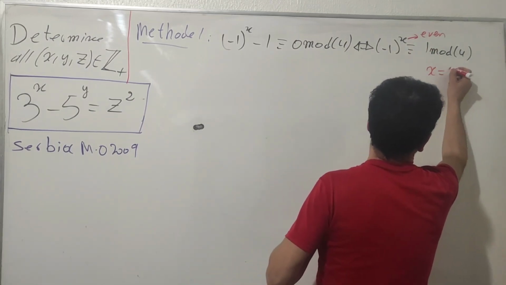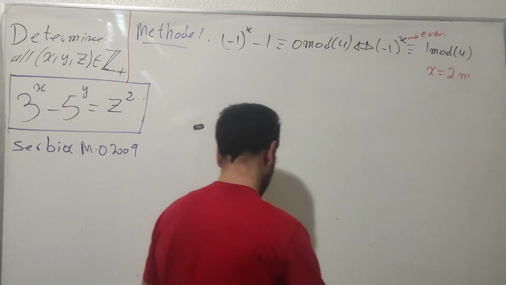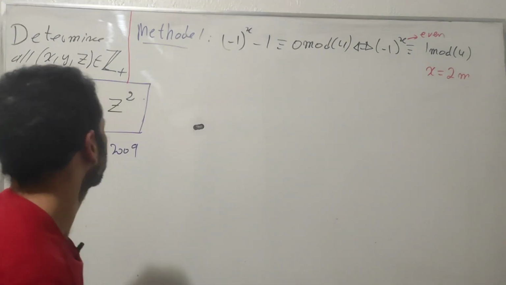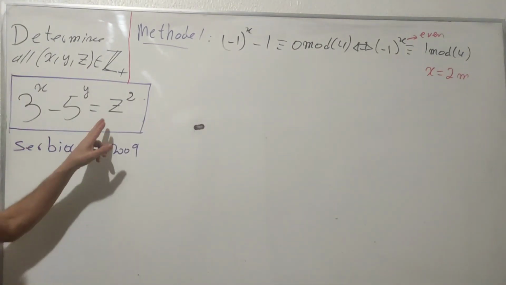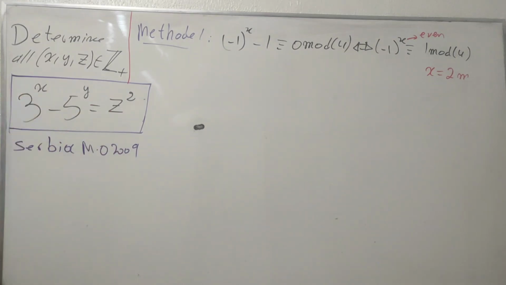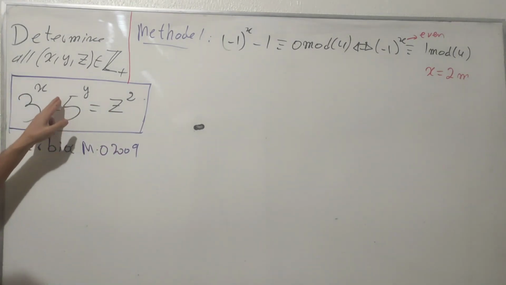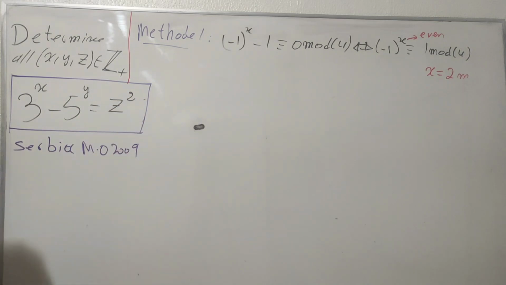Since x is even, I'm going to put it in this form: x equals 2m. I'm going to take this value of x and insert it back into the original equation. Then move this term to the left and make a difference of squares, and also move the 5 to the y to the right. The factorization that we are going to make is going to be a power of 5.